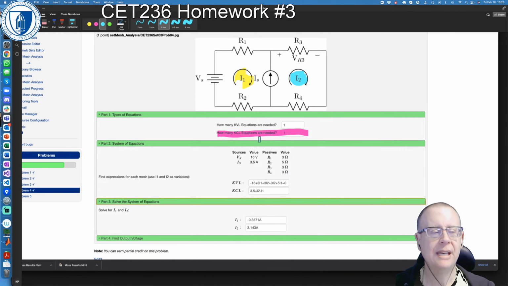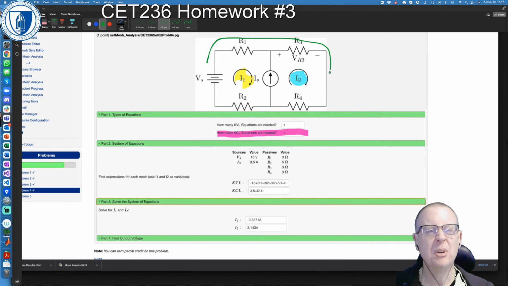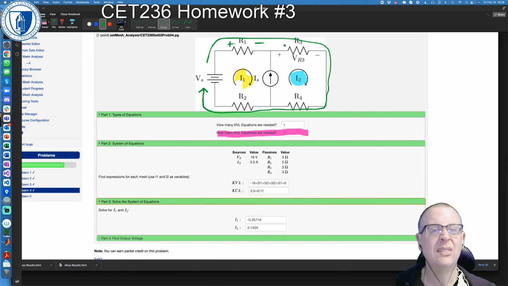So we're going to have to make a supermesh, and the supermesh that I'm going to make, there's really only one I can do, is going to go all the way around the outside, right? And that's that way, and that's that way, and that's that way.